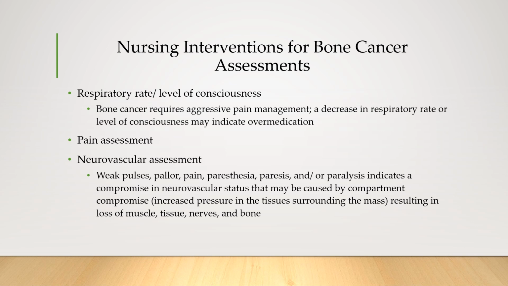Weak pulses, pallor, pain, paresthesia, paresis, and/or paralysis indicate a compromise in neurovascular status that may be caused by compartment compromise. This is increased pressure in the tissues surrounding the mass, and this can result in loss of muscle, tissue, nerves, and bone.